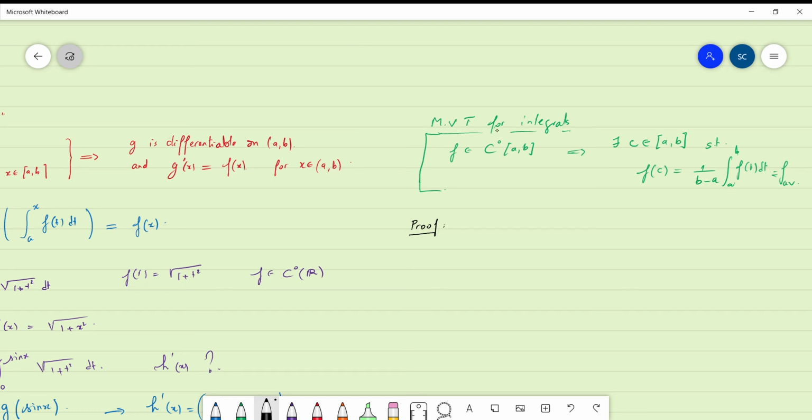Using the fact that f is continuous on the closed interval [a, b], by the extreme value theorem, we know that there exist x_m and x_M inside [a, b] such that my function f attains its minimum value at x_m, and it attains its maximum value at x_M.